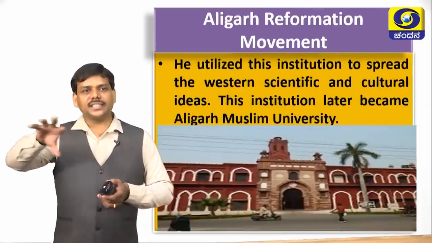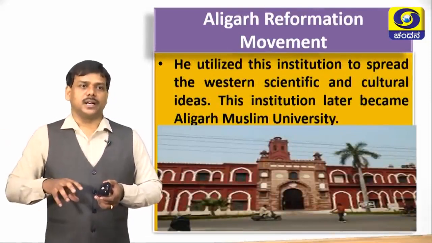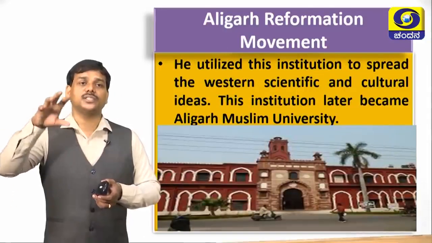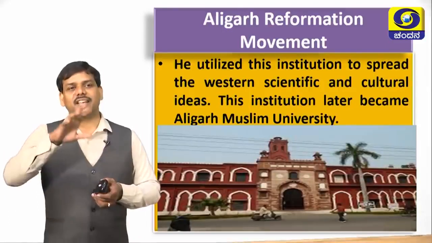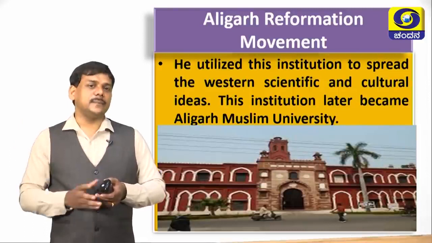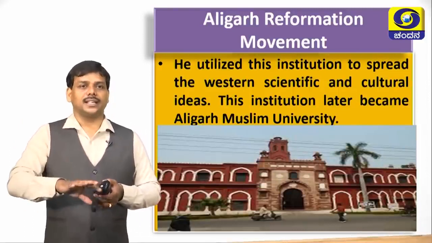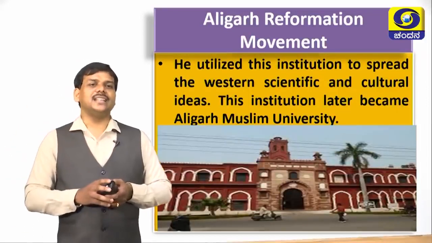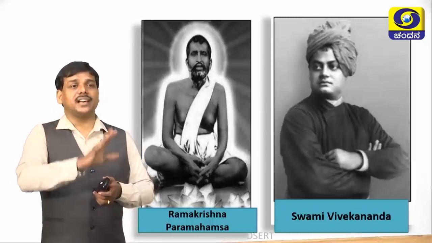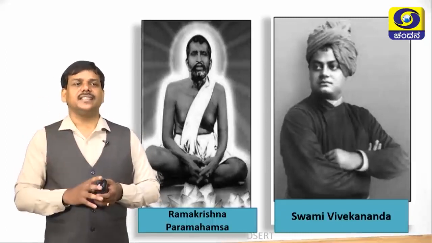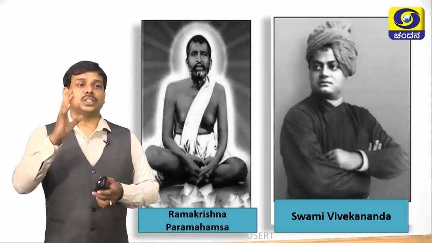He utilized this college to spread Western scientific and cultural ideas. In the end, this institution came to be known as Aligarh Muslim University. These were all the reformations made by Sir Syed Ahmad Khan or the Aligarh Reformation Movement.